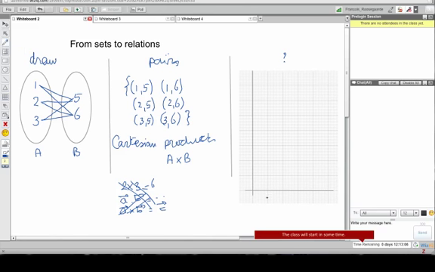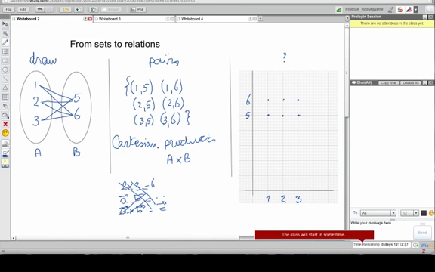I have here the elements of set A, I have here the elements 5 and 6 of B, and the set of pairs is then represented by these 6 dots. Hence the name Cartesian.